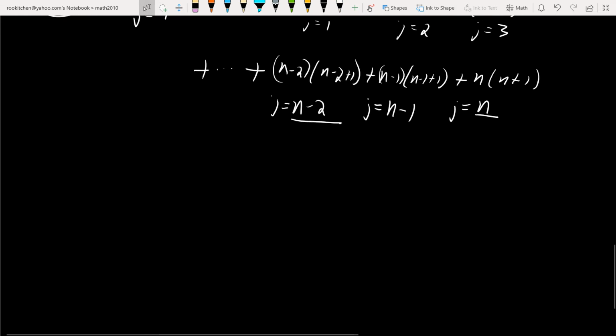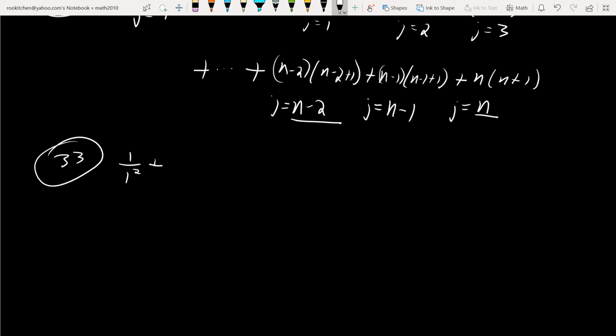Sometimes in induction we need to be able to do the following: you're evaluating the sum for the indicated value, but the sum isn't given in summation notation, it's just written out. Okay, so 33: 1 over 1 squared plus 1 over 2 squared plus 1 over 3 squared plus dot dot dot plus 1 over n squared.